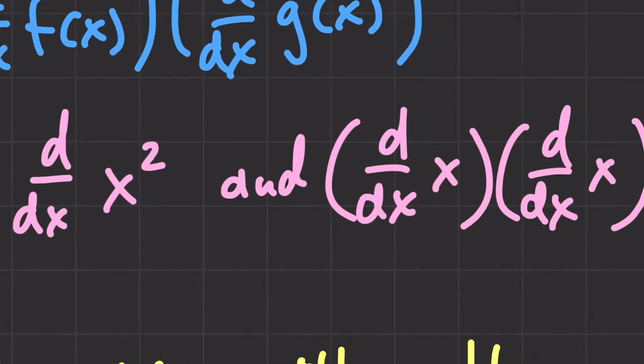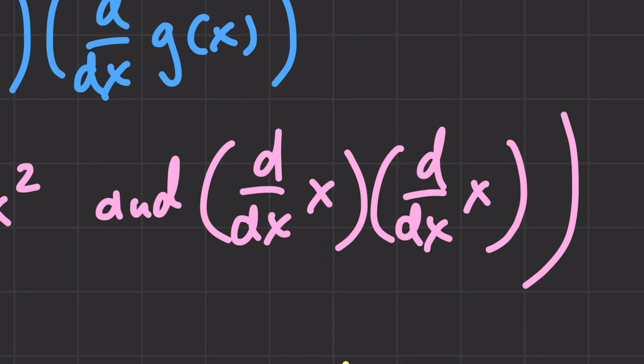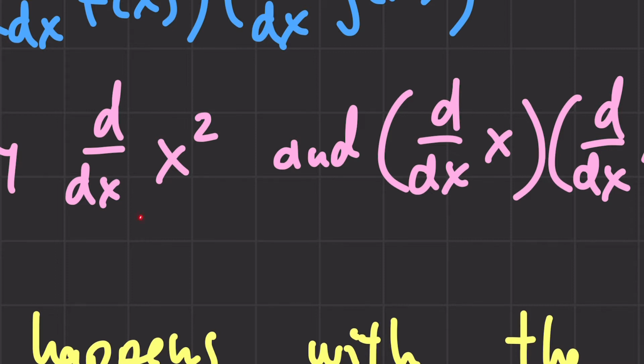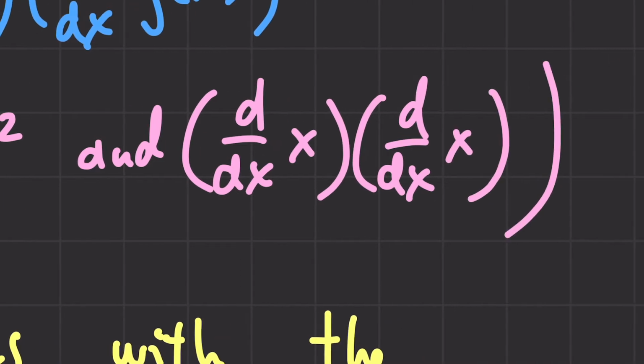And you'll find that the derivative of x squared is not the same thing as the derivative of x times the derivative of x, right? I think that we've seen this is 2x, and this over here is 1, and that would be 1. 2x is not equal to 1 times 1, right? So I hope that's obvious.